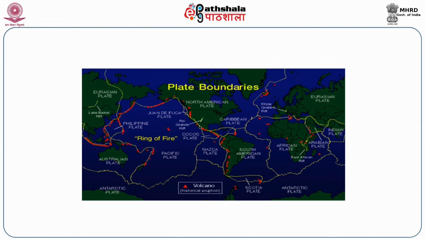This particular slide gives us an idea of 7 major tectonic plates which have come together. They have a continental area as well as oceanic area. Sometimes the boundary between plates are on the continental areas and sometimes they are in the oceanic area.